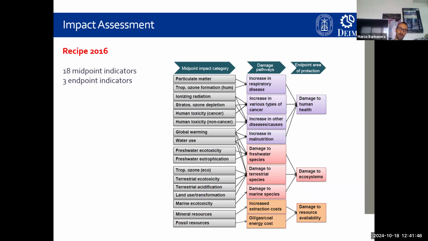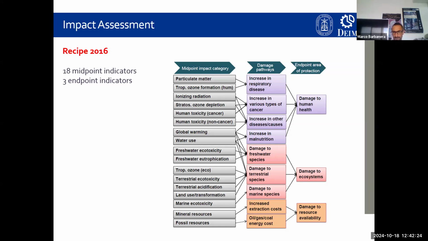Here you can see one of the most recent impact assessment methods, ReCiPe 2016. This method is one of the most used methods in literature. This method considers 18 midpoint impact categories and 3 endpoint impact categories.